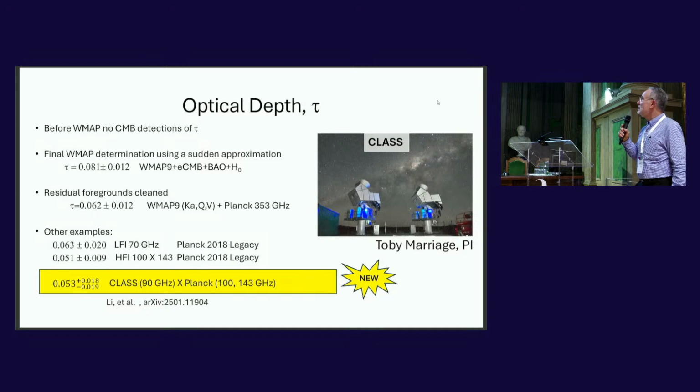even though the uncertainties still aren't maybe as small as we want. But part of this is to share the news from the CLASS observatory shown on the right here. Toby Marriage at Johns Hopkins is the PI of CLASS, and just recently we did a cross power spectrum with Planck, and that's the Planck 100 and 143, and that's published by Lee et al.